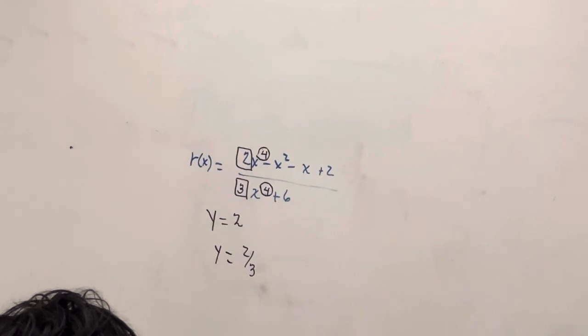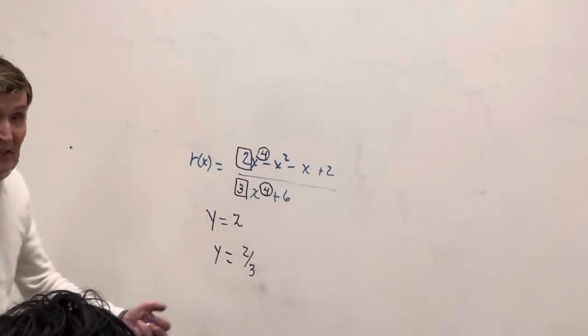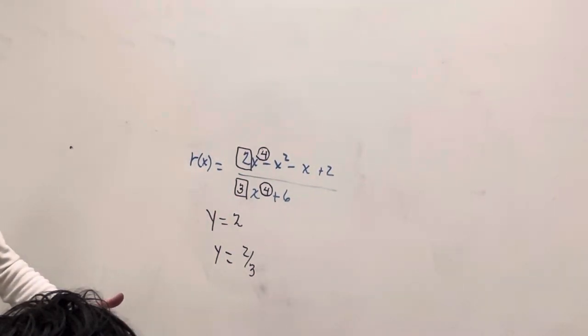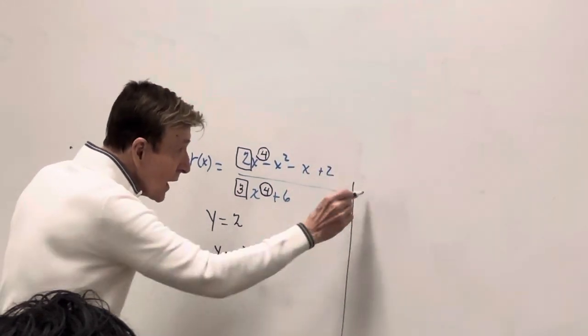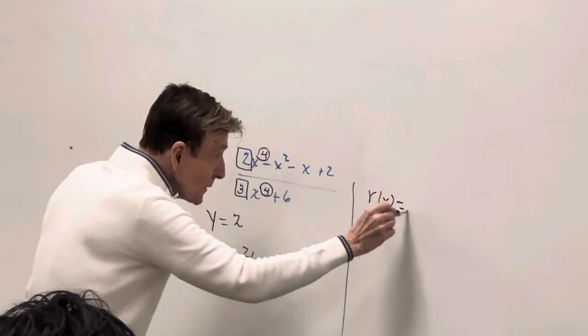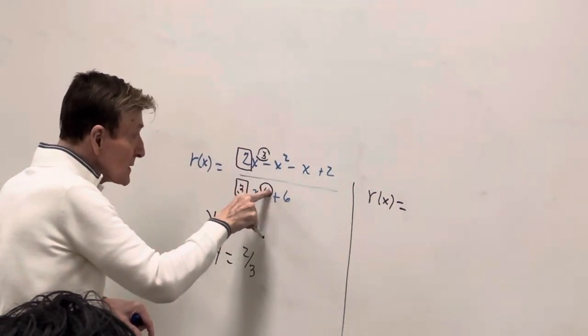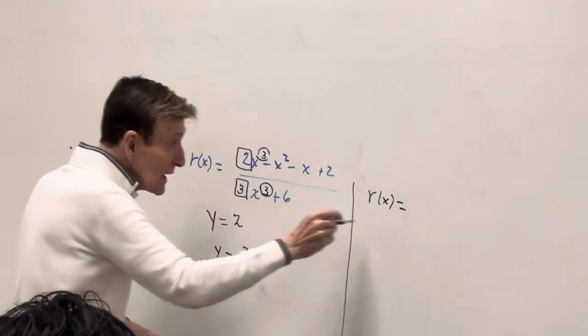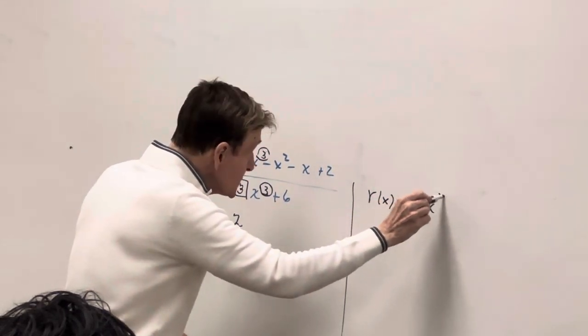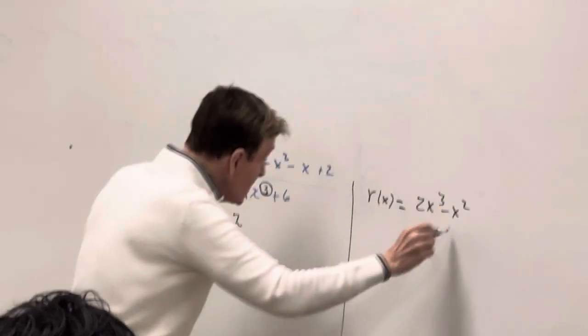That's the easiest case. Now, professors, suppose they're not the same. It's not a 3 to 3 or a 4 to 4. What if it looks like this? R of x is equal to, let me keep the numerator the same, I think I originally had a 3 here, just for discussion purposes.